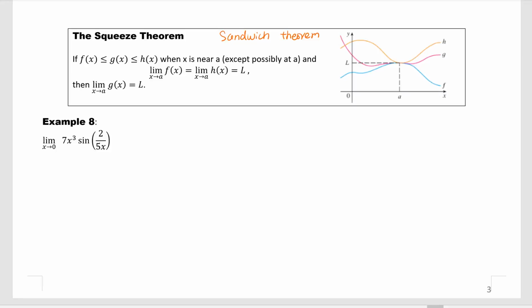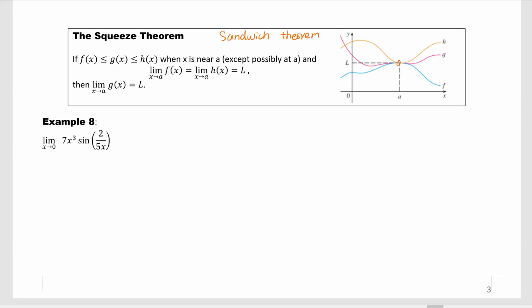If g is bounded by f and h when x is near a, except possibly at a, and if f and h have the same limit L, then the middle guy is forced to have the same limit. You can see this picture, it's like a squeeze: g has to have the same limit. So that is the squeeze theorem.